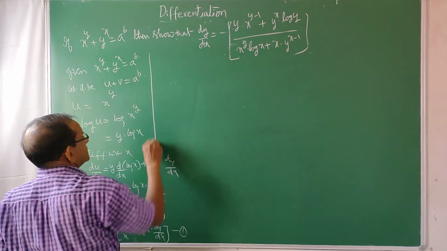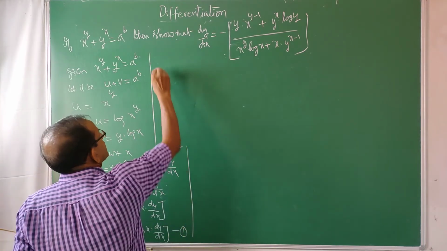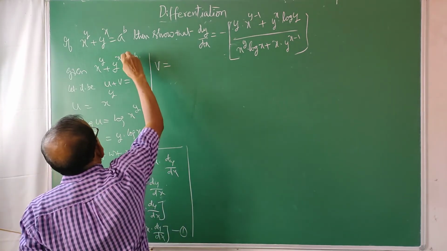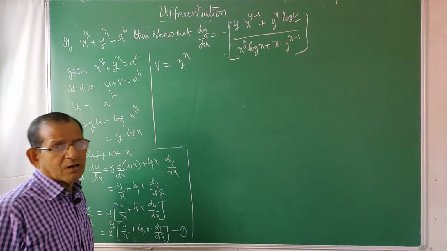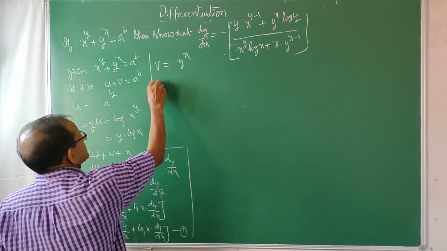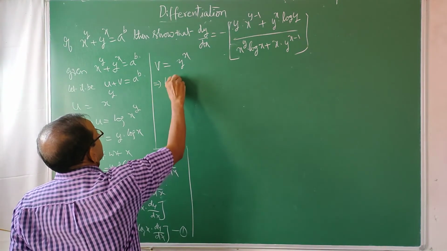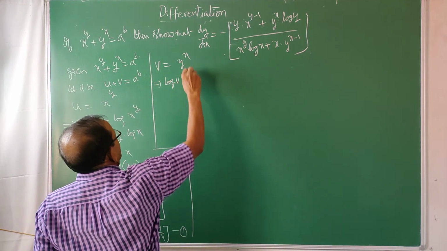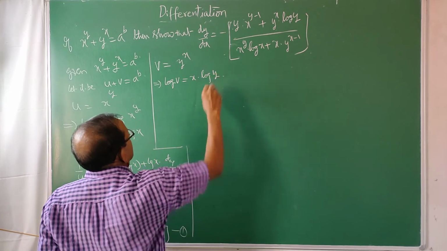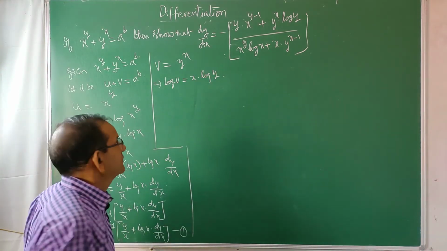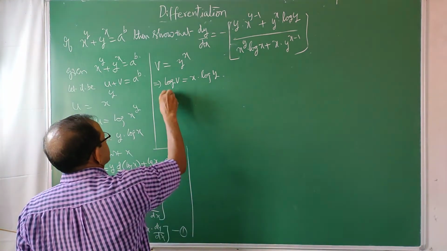Now let us take the other term, v is equal to y power x. Here also have to take log on both sides. Implies log v is equal to log y power x, that is x into log y. Now differentiate with respect to x.